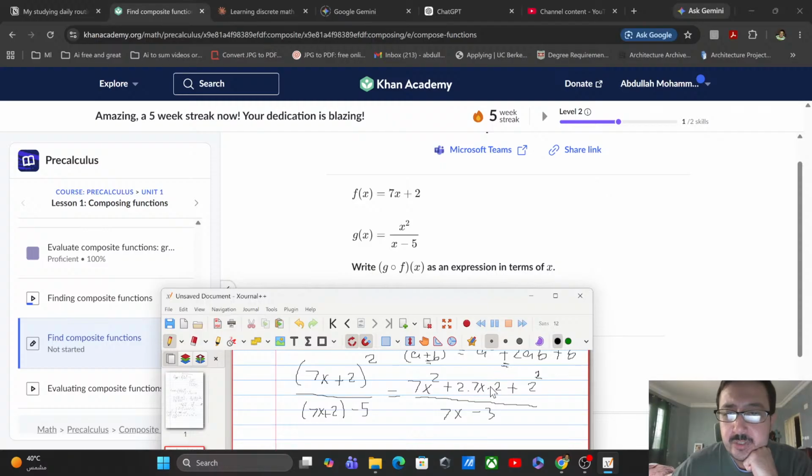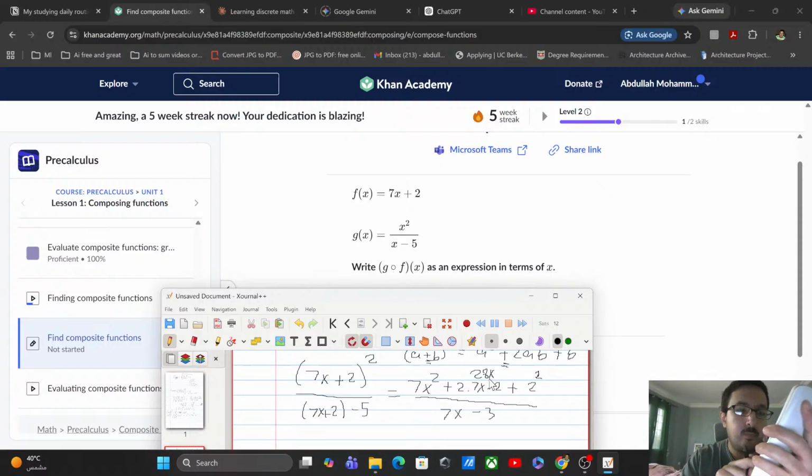And this, let's do this multiplication. What is it going to be? 4 multiplied by 7, 14, that's 28. 28x. Am I correct?